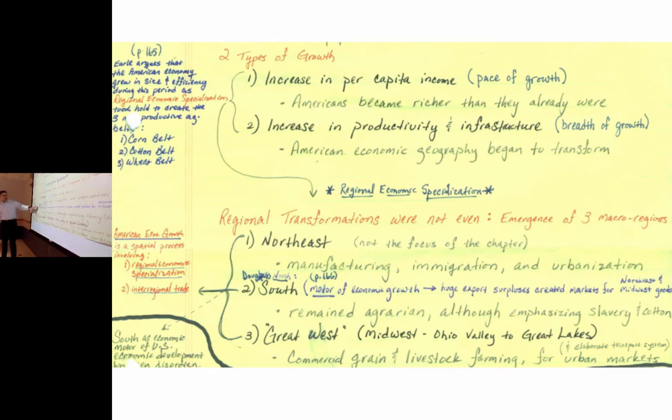This is something that Earle generally disputes, and he makes a point on page 166 that you might look at about how the southern states had often been referred to as the wealthiest individuals in the United States, the people who are bringing in wealth and generating markets.